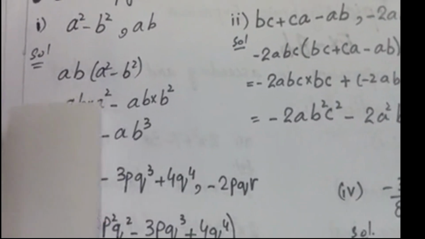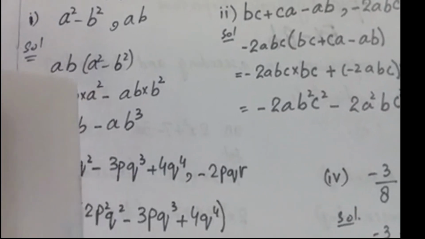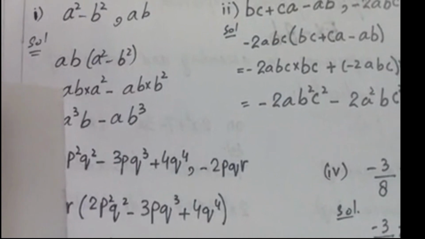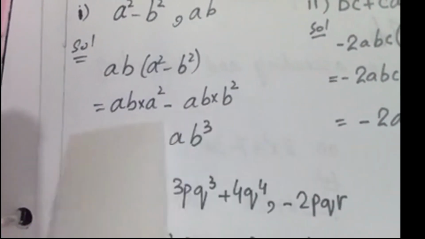Now this ab will be multiplied by the whole expression in the bracket. So ab will be multiplied by a square, then minus ab will be multiplied by b square. When we multiply ab by a square, a multiplied by a square will become a cube because their powers will be added.